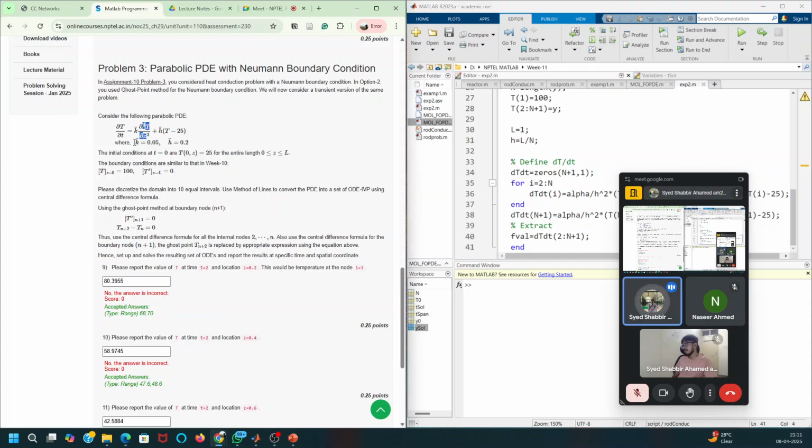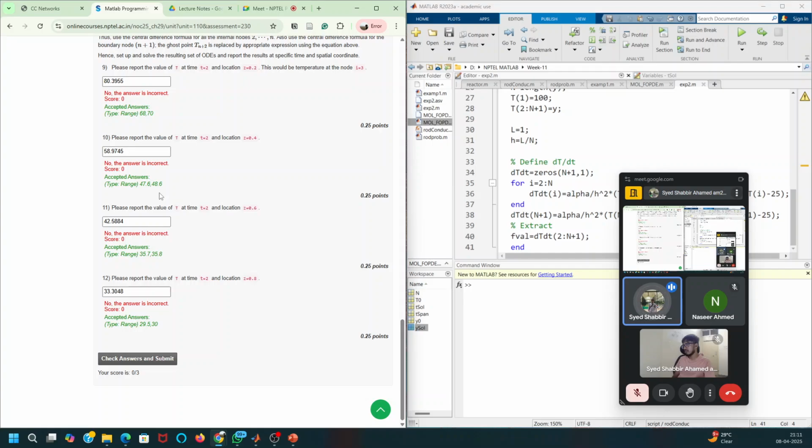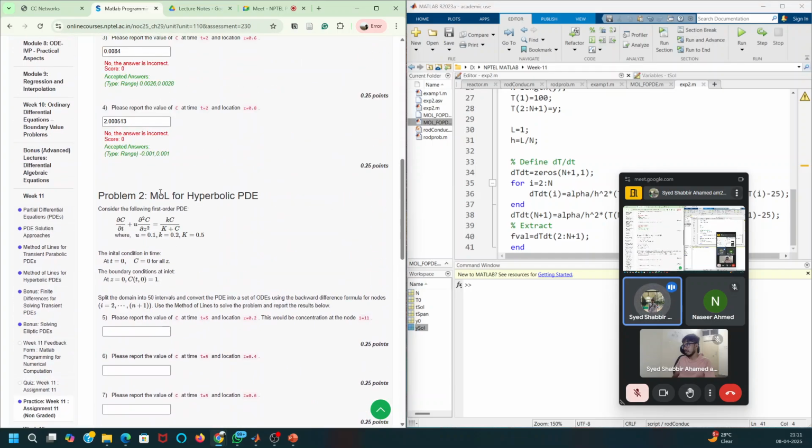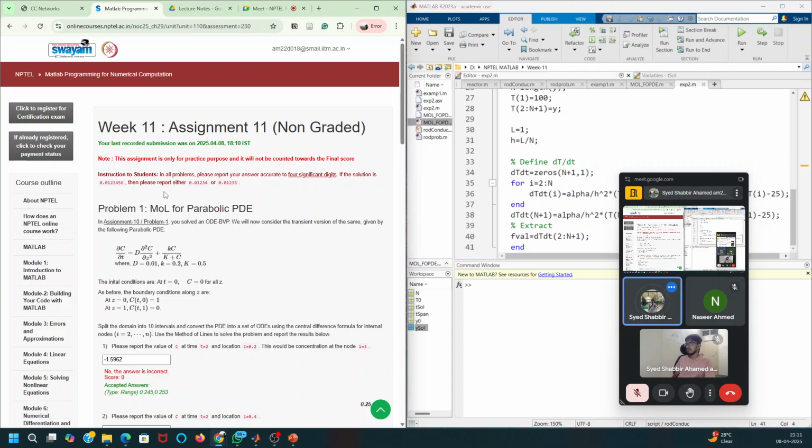Solving all the ordinary differential equations simultaneously gives us the numerical solution to our partial differential equation. Numerical solutions are always approximate, and we have to be very careful during our process.